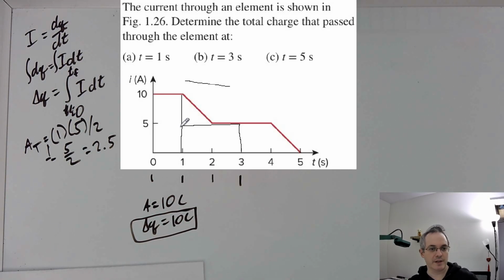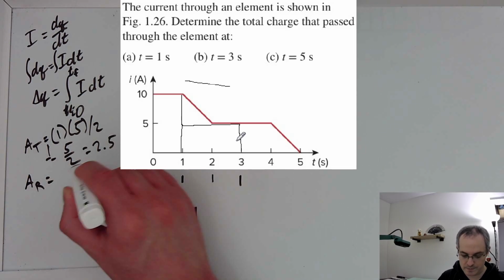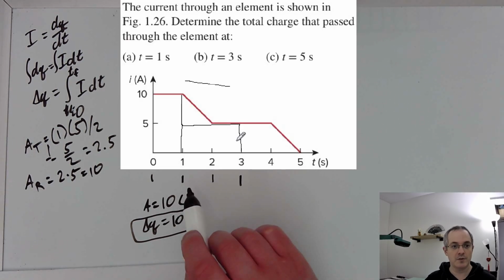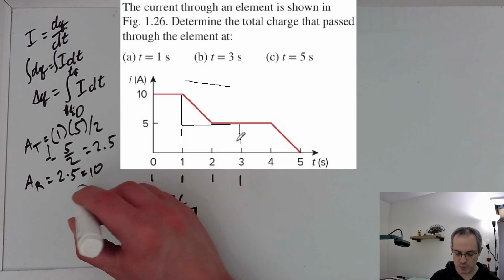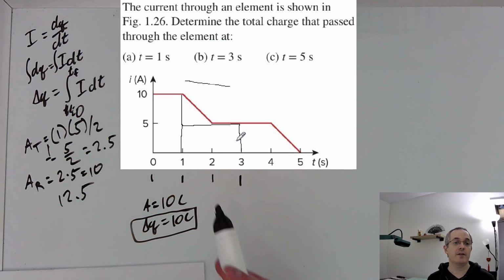And then the rectangle has a length of 2 by 5. So the area of the rectangle will be 2 times 5, which is 10. So then the area between 1 and 3 is 12.5, but the area from 0 to 3 has the 10 as well.